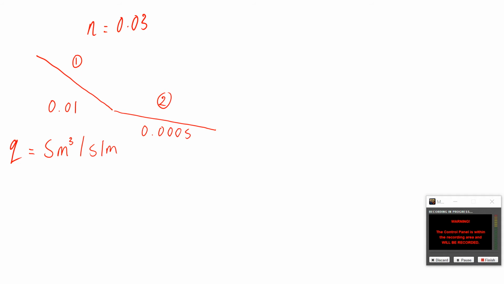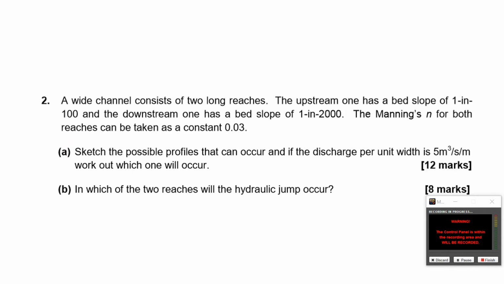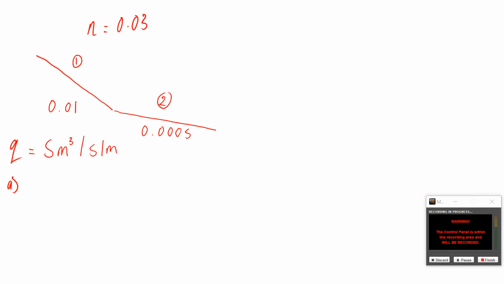So part A is: sketch the possible profiles that can occur, and if the discharge per unit width is 5 meters cubed per second per meter, work out which one will occur. The first thing we're going to do is calculate yc and then yn. Those are the first two parameters we need to calculate.